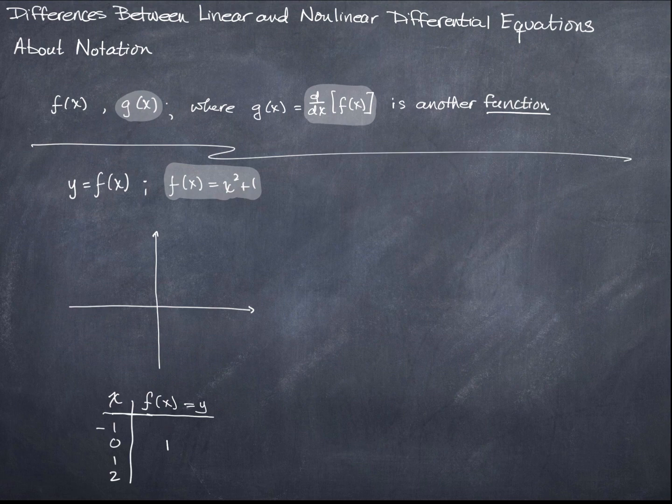Now I can do calculus, but I can't do arithmetic. 1 squared plus 1 is 2. 2 squared plus 1 is 5. So I end up with something that kind of looks like this: -1, 2; 0, 1; 1, 2; 2, 5. And of course, we know this as a parabola that's been shifted up 1 unit.